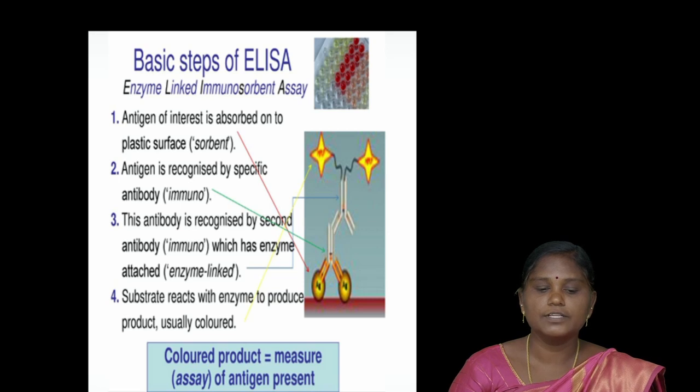Then this antibody is recognized by a second antibody, also known as immuno, which has an enzyme attached. That's why it is called enzyme linked. The secondary antibody is connected with the enzyme. The fourth step is that the substrate is added.